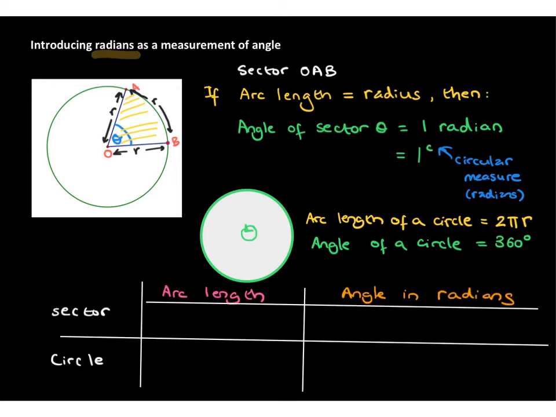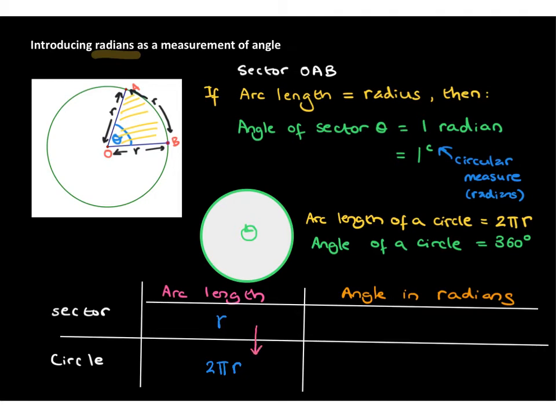So let's think about the sector to start off with. What was the arc length of our sector? Well, the arc length of our sector was equal to r. What's the arc length of our circle? It's 2 pi r, because it's the circumference of the whole circle. So look at what's happened between here and here.